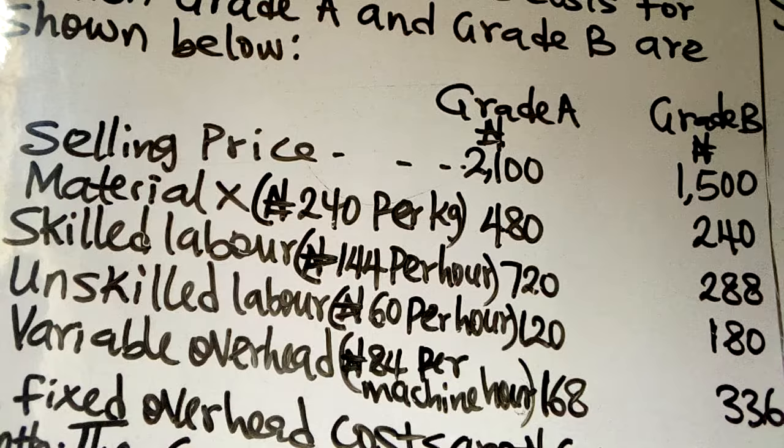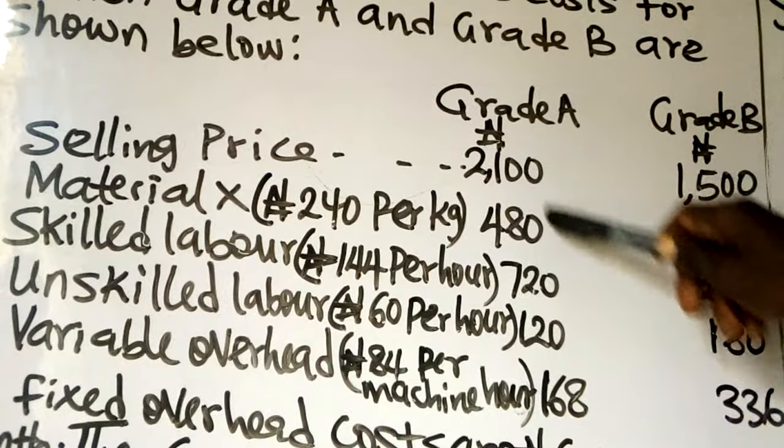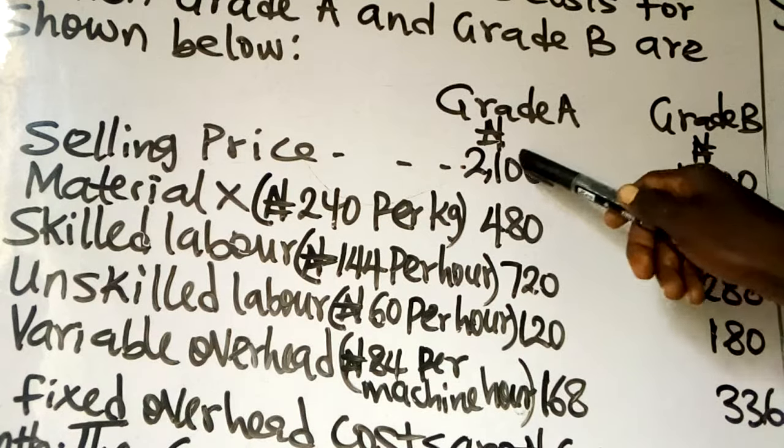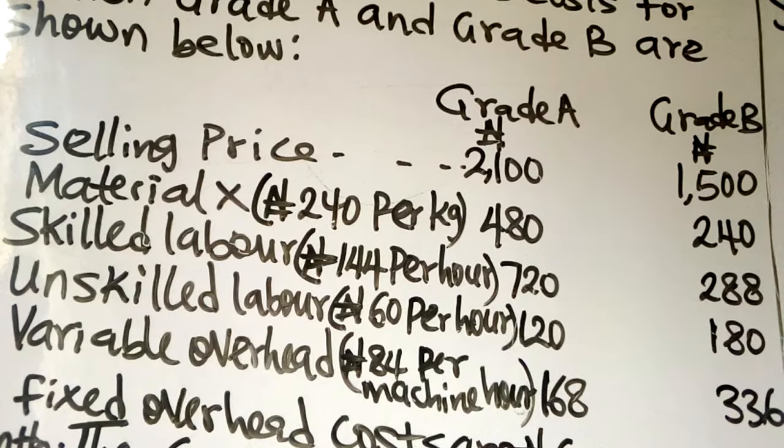So on the basis of that information, you'll be able to calculate your contribution. Remember, I've told you that contribution is selling price less variable cost. That will give us the contribution.